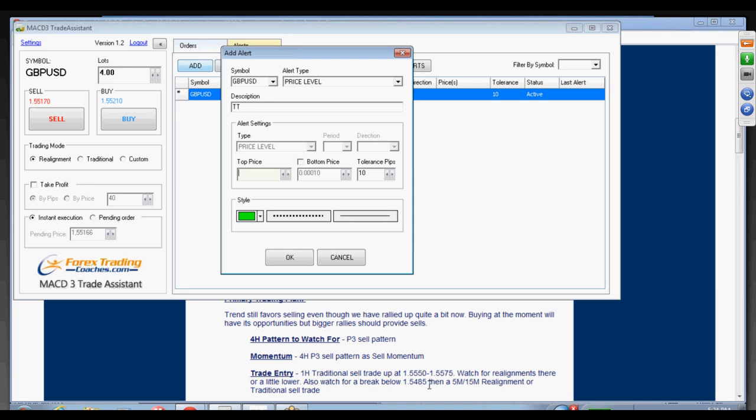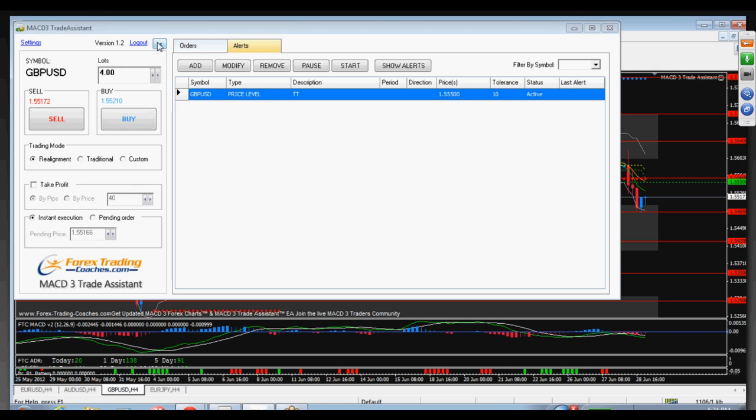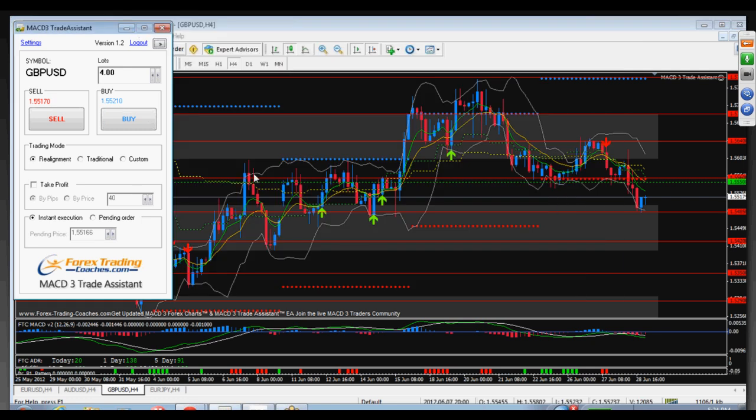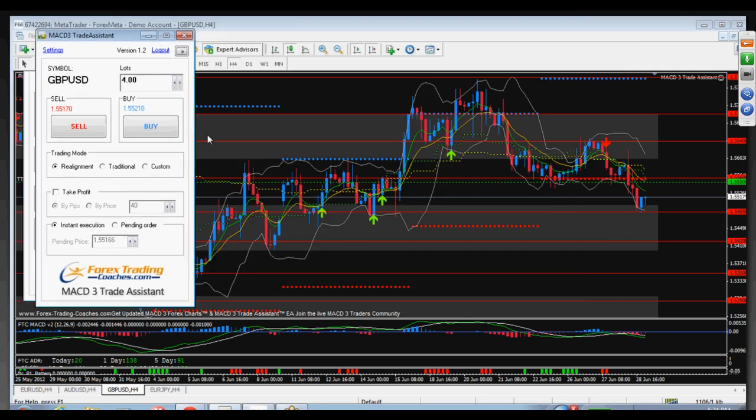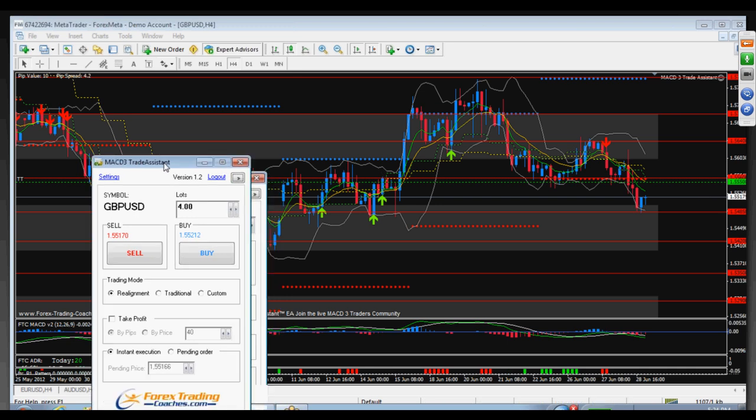So I type in 1.555, and boom, you'll see right here, it shows up on the EA, and it's marked right over here, the TT, which I put in for traditional trade, with a green line to show me that that's where I would be looking for it.